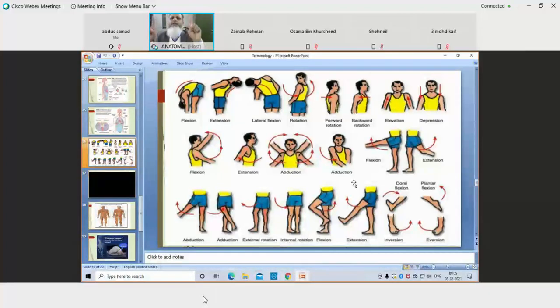Again, the basic meaning of medial and lateral. If the rotation is bringing the structure nearer to the midline, it is called medial rotation. And if it is taking it away from the midline, the rotation is called lateral rotation. Any confusion till now?